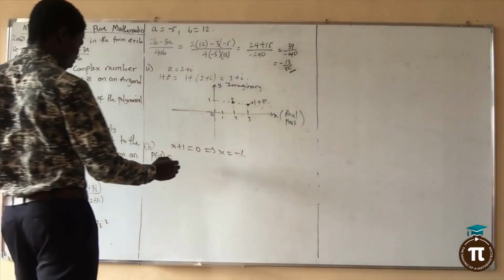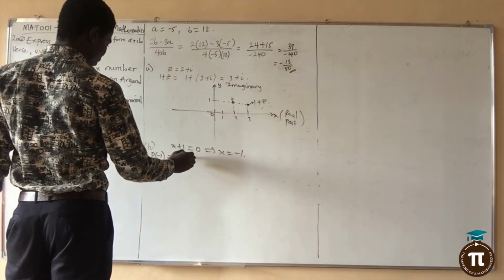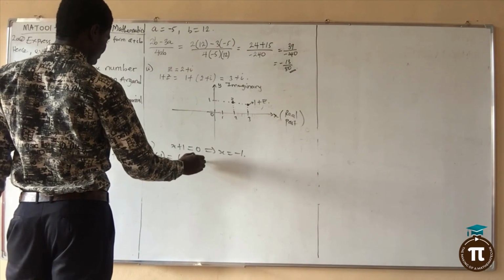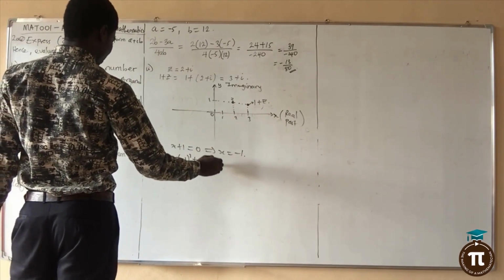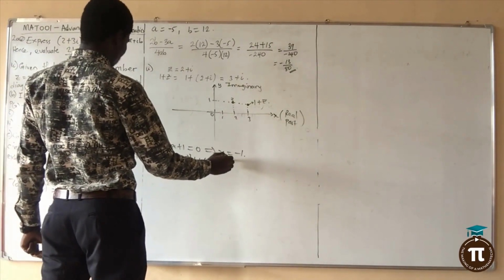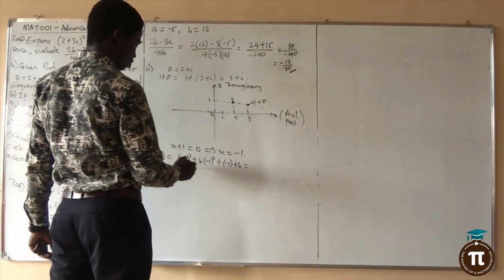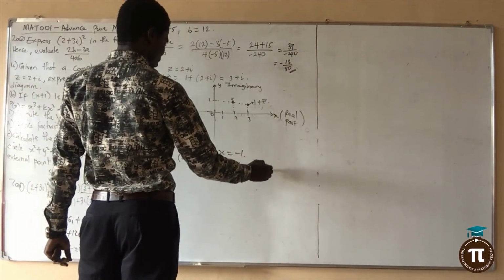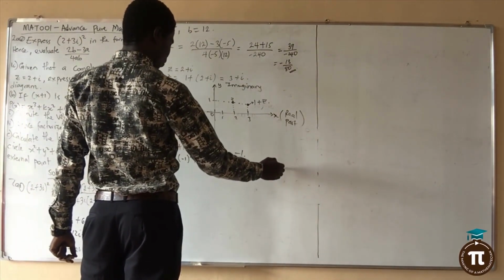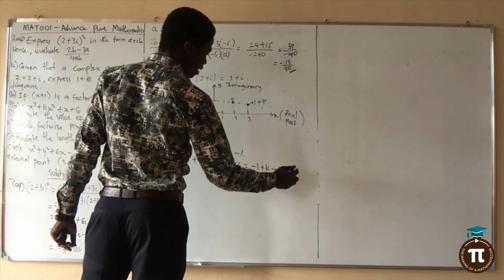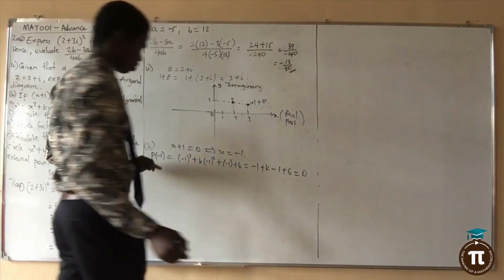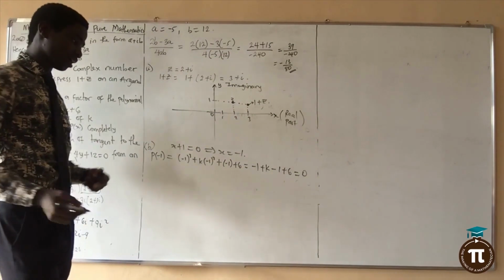So p of minus 1 will be minus 1 raised to power 3 plus k times minus 1 squared plus minus 1 plus 6. So this will be equal to minus 1 plus k minus 1 plus 6. Everything actually must give you 0 because x plus 1 is a factor.